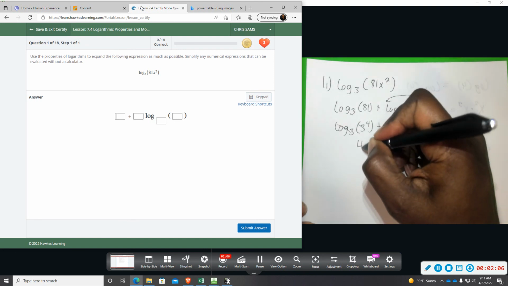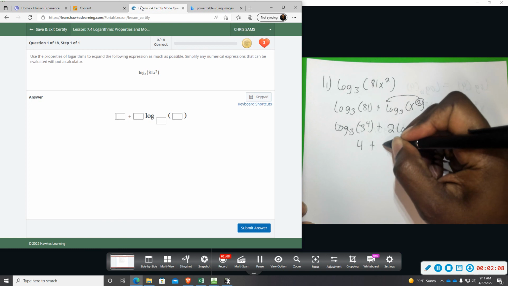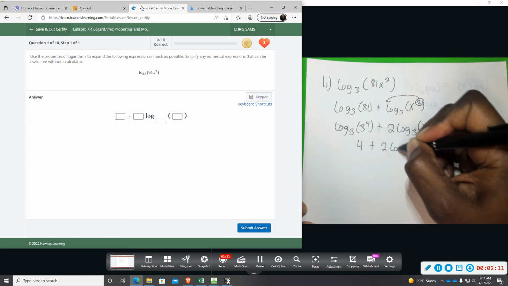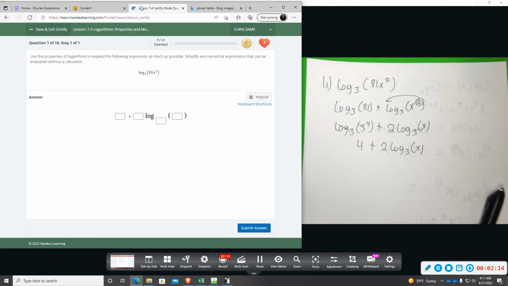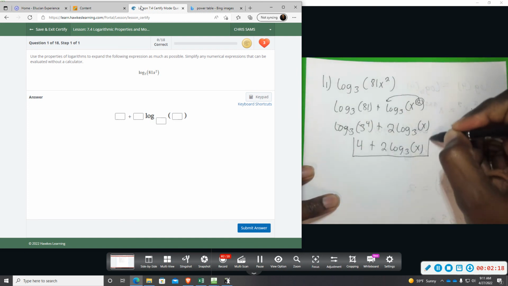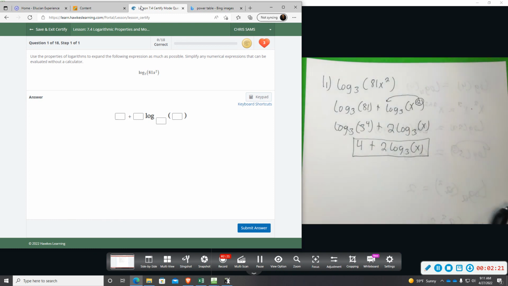So we have 4 plus 2 log base 3 of x. This is as much as we can simplify. So this is what they're looking for, and we fill in all the blanks with these numbers. So we have a 4, 2, base 3, and x.